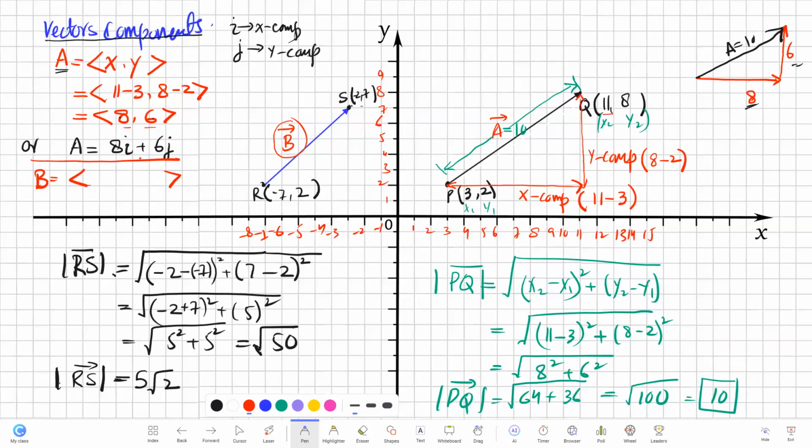Some people say it's 5, 5. Yep, 5, 5. What other way can I write this 5, 5 for vector B, if I want to write it in component form? Yeah, 5i plus 5j.